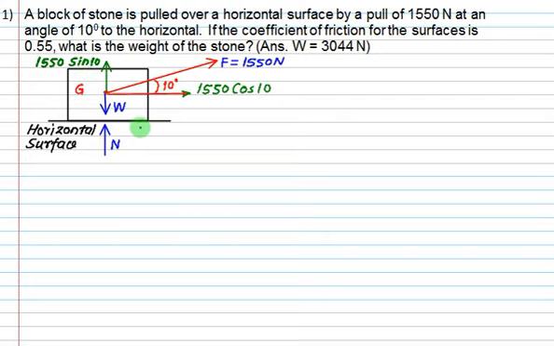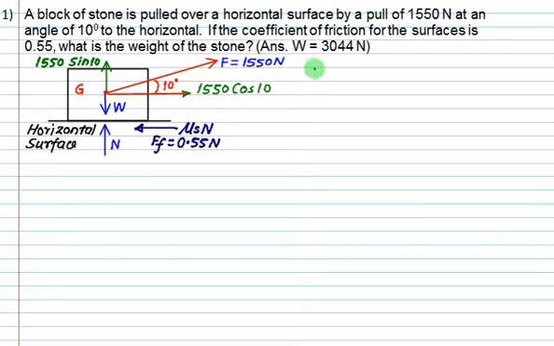The coefficient of friction is given to you. So friction force will act opposite to this, and this value of friction force is mu s times N. So friction force will be 0.55 times N.